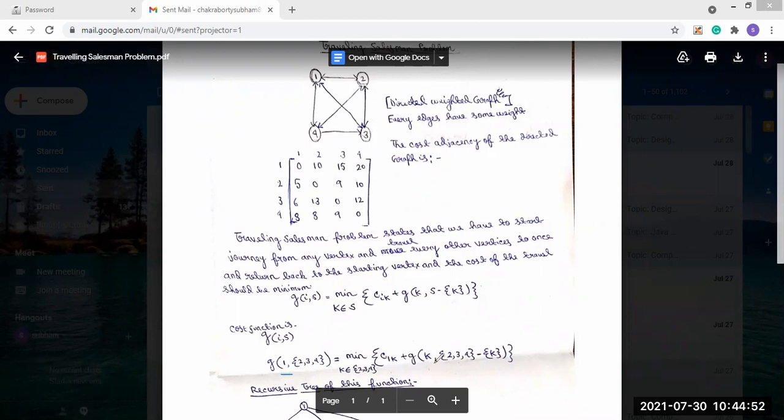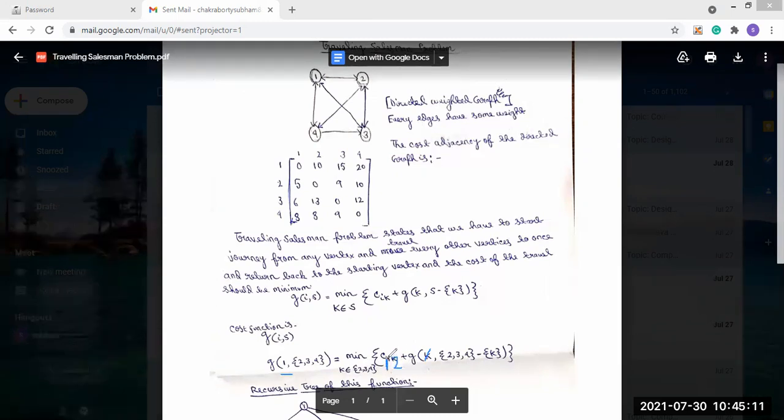Plus G of K, comma, 2, 3, 4. Now which K we choose depends on that; K can be any of 2, 3, 4. Let's say at the start we take K as 2, so it becomes 2 here.